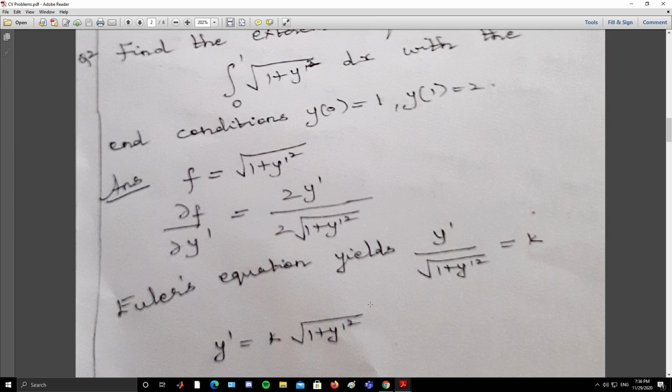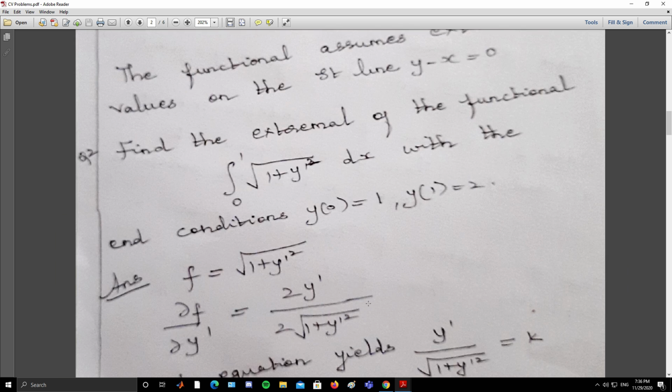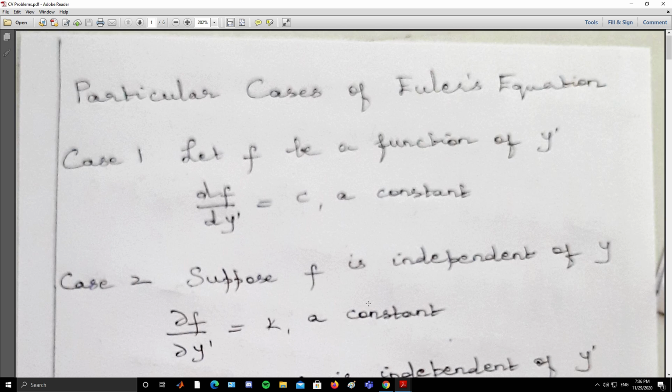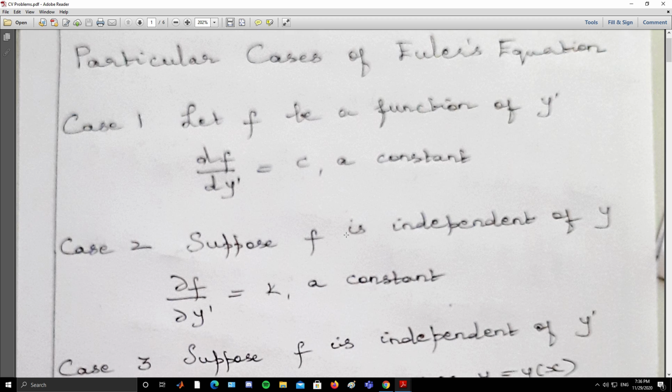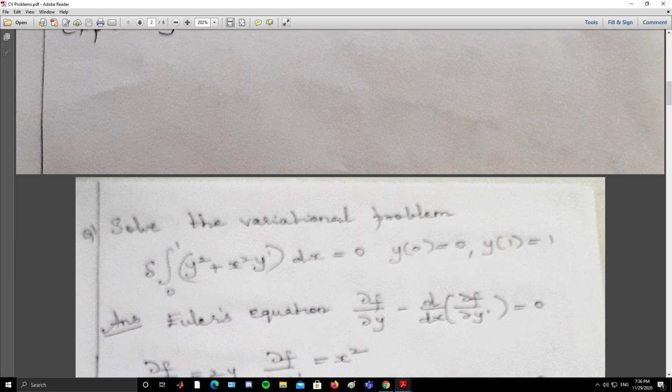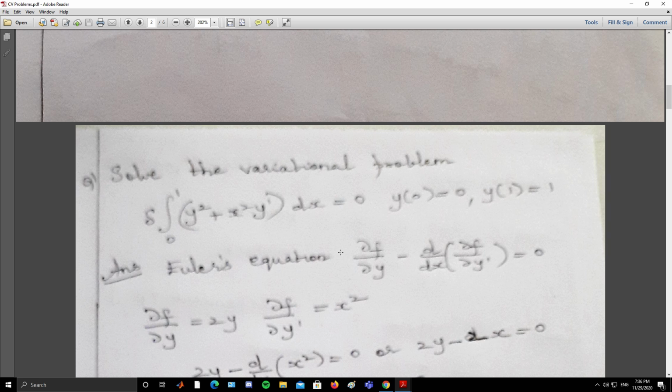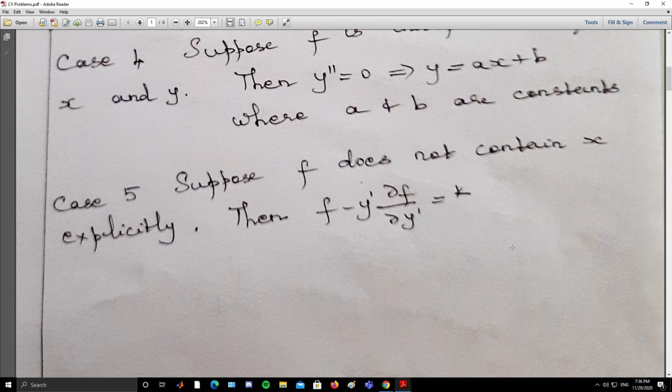Last class we discussed two problems from calculus of variations. I told you for every problem or every theorem you will have the functional. A functional is a definite integral. Then you will have Euler's equation or forms of Euler's equation. If f contains all the three terms x, y, y dash, then you have this Euler's equation: dou f by dou y minus d by dx of dou f by dou y dash equals 0.